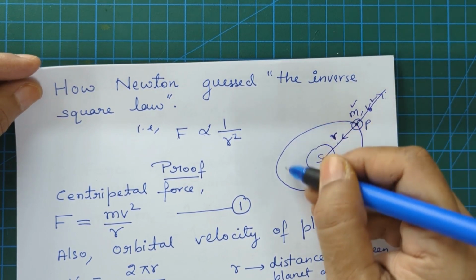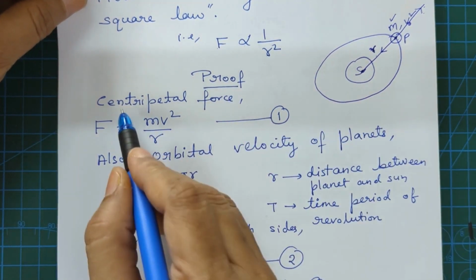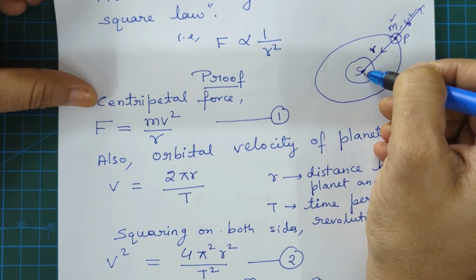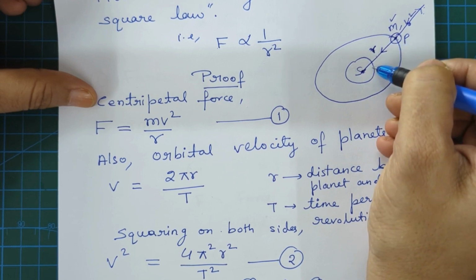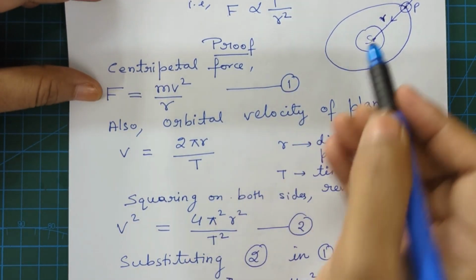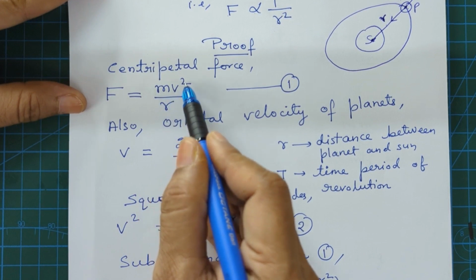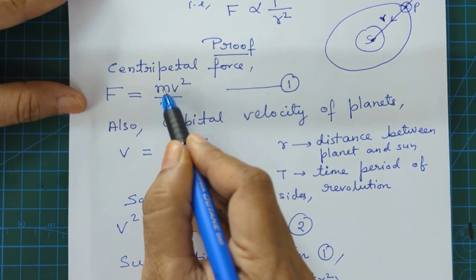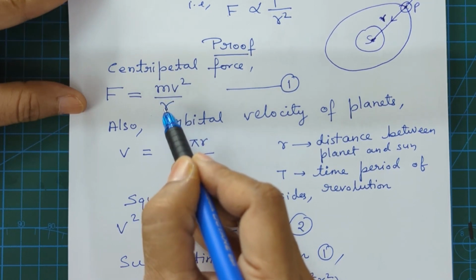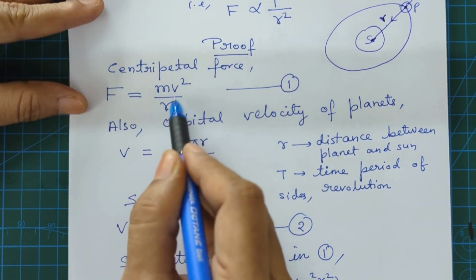So between the planet and the sun there is centripetal force as well as the force of gravity. Centripetal force between the planet and the sun is calculated using the formula mv square by r. m is the mass of the planet, v is the velocity of the planet in its orbit, and r is the distance between the sun and the planet. So this is the formula for centripetal force.